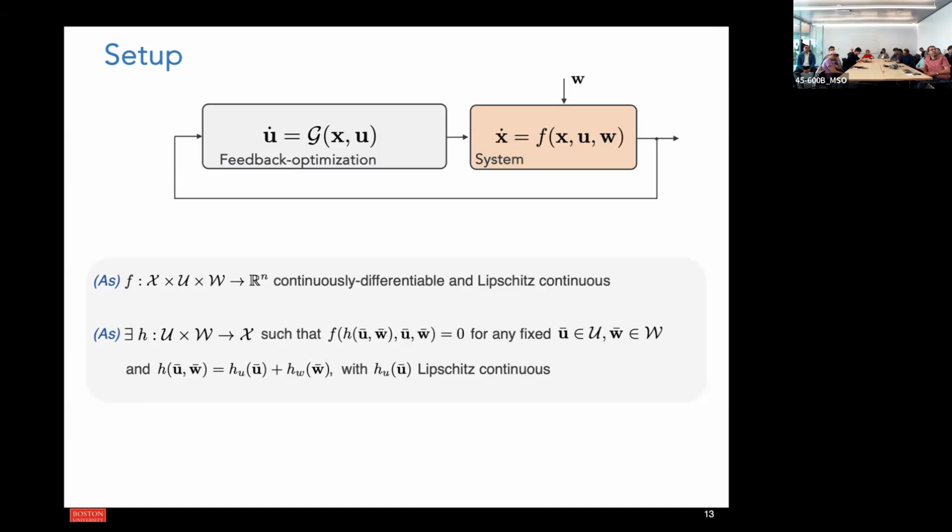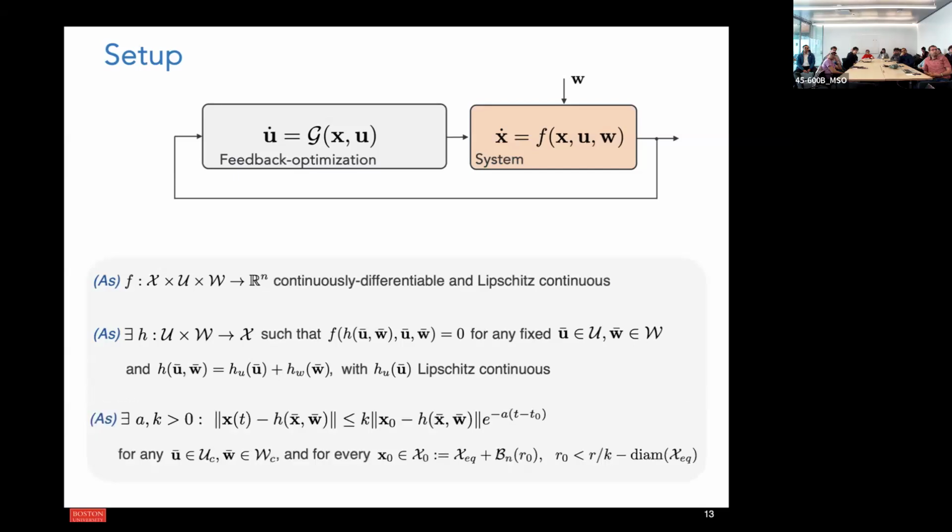And then the one assumption is that for any fixed set of inputs u and w, there exists a map H so that this equality here holds, right? So H of u and w is the unique equilibrium of the system for given inputs u and w. This is just to make the problem well posed, but an additional assumption is that this particular equilibrium point is also locally exponentially stable.